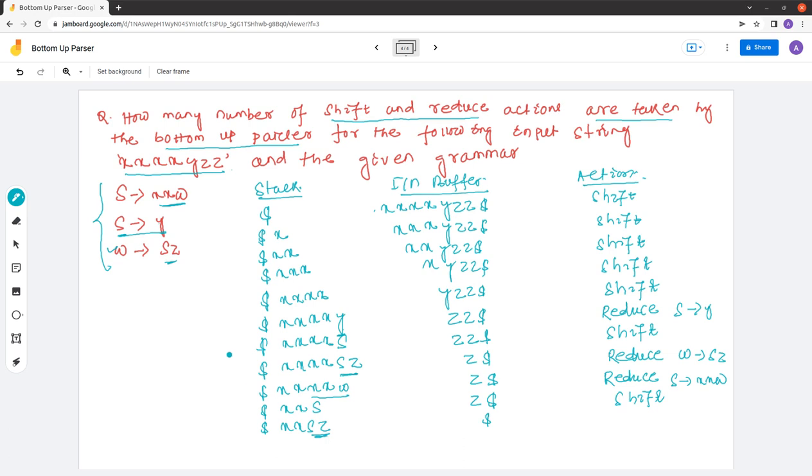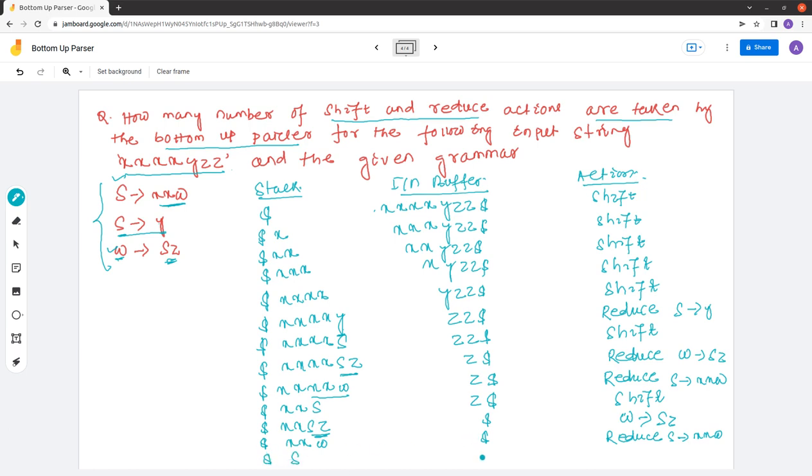We can handle this xxW by S, so reduce S to xxW.